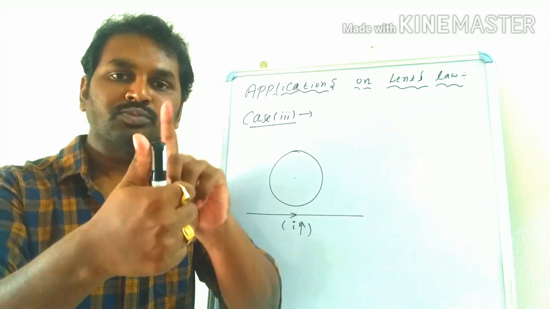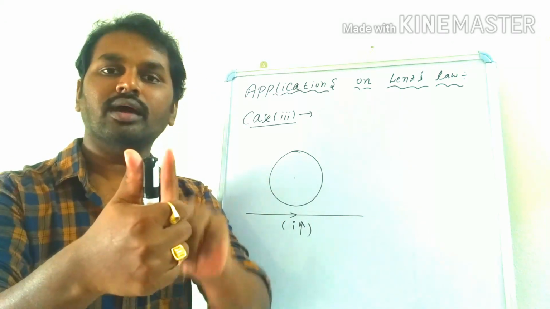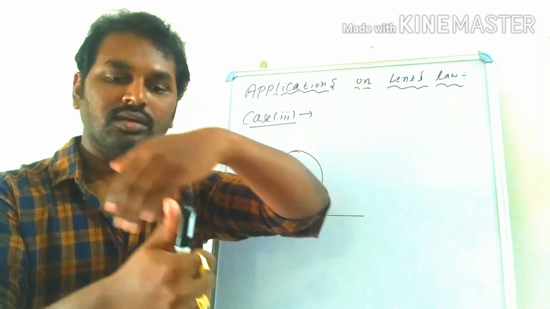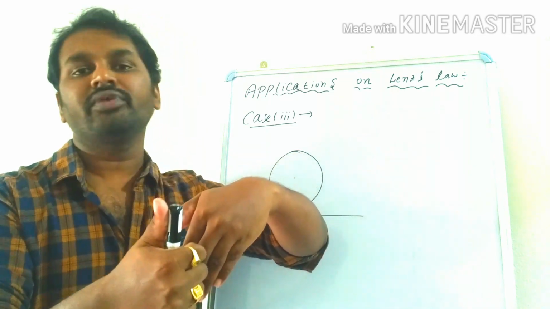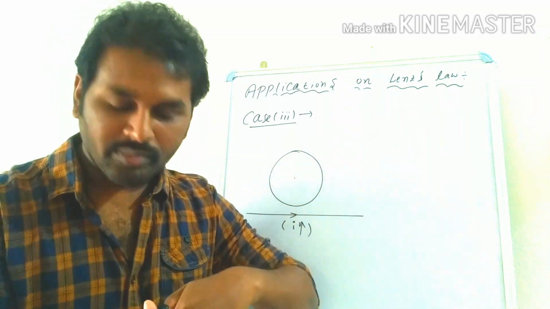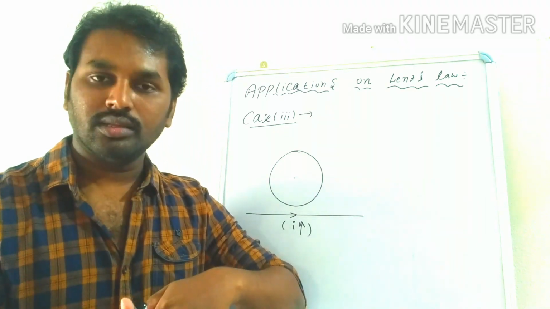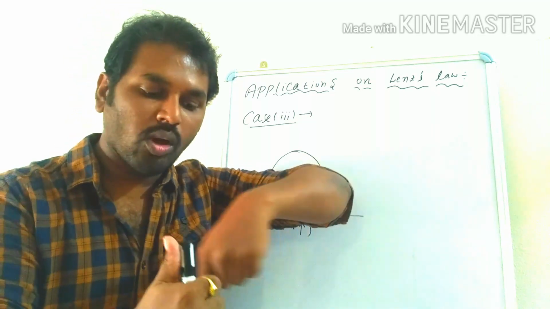As the current is moving in the upward direction, the curl of the fingers gives the direction of magnetic field. If you look from the top side, the direction of magnetic field is anti-clockwise.